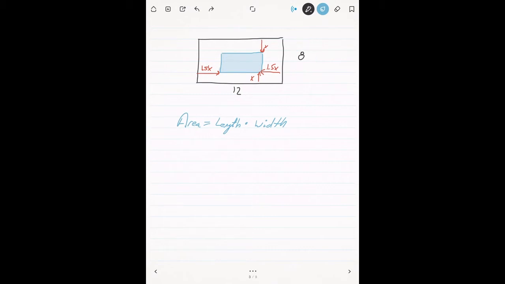We started with 8 feet. So from here to here was 8 feet. But we moved in X units. And then we moved in from here, X units.